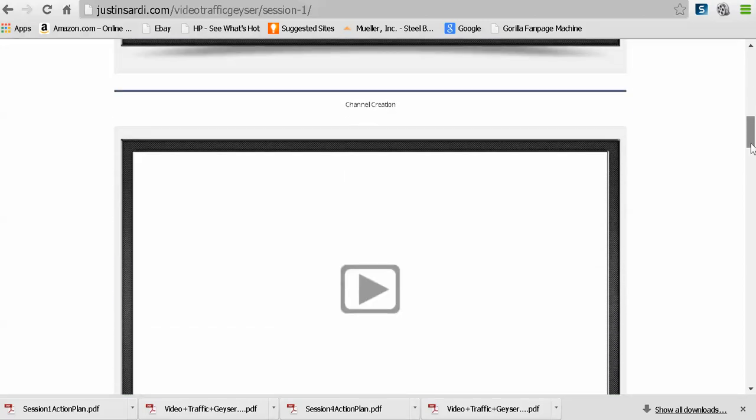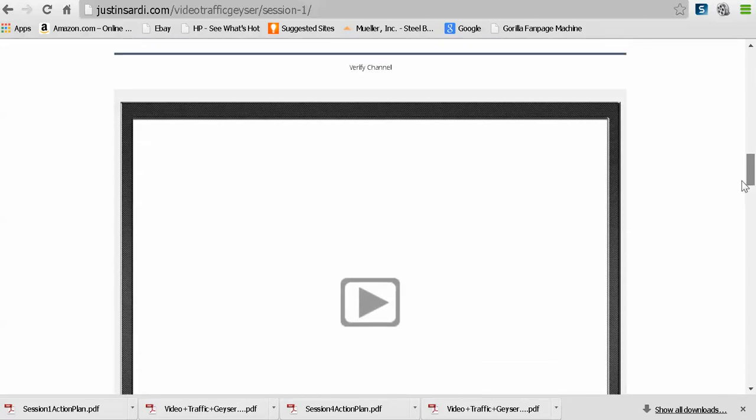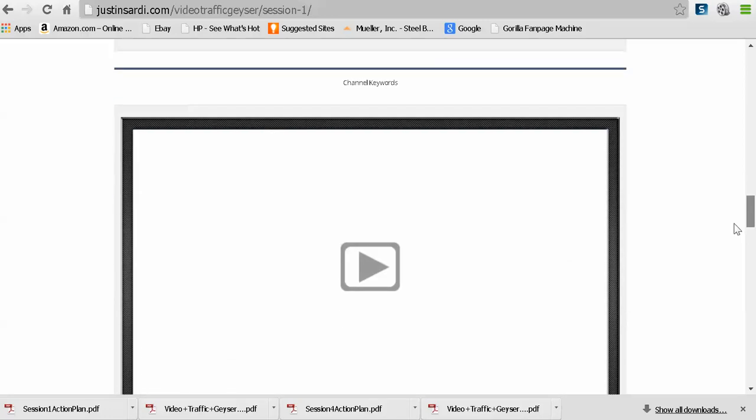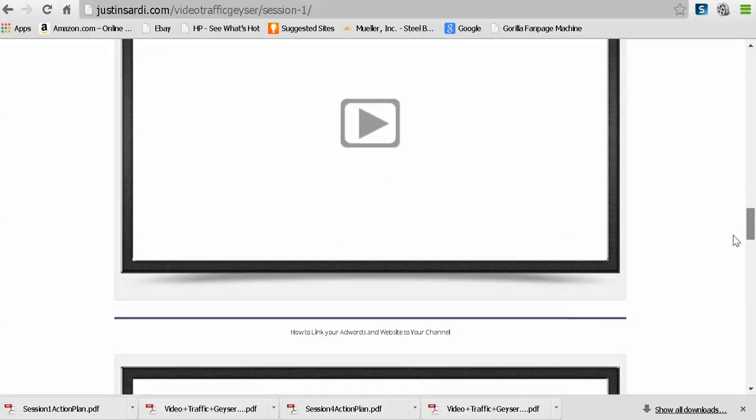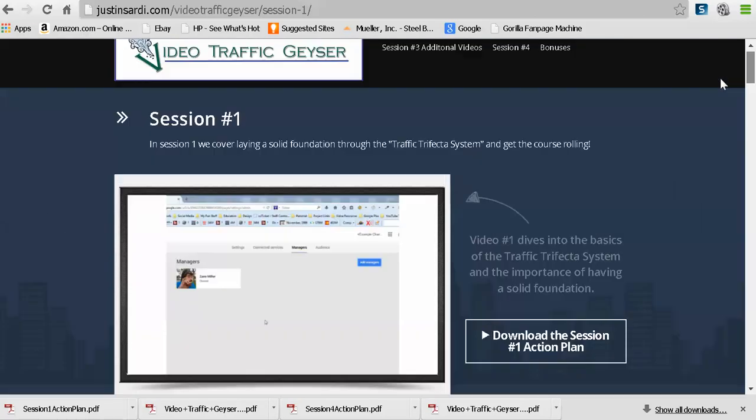Also, you can go into Google Plus and, say you do want to make a Gmail just for this page, you can do that as well. Personally, I like it much better keeping it with managers. It's much easier to be logged into one thing and be able to access all of your stuff. But you can always go in there and give it its own Gmail account. I've never done that before.